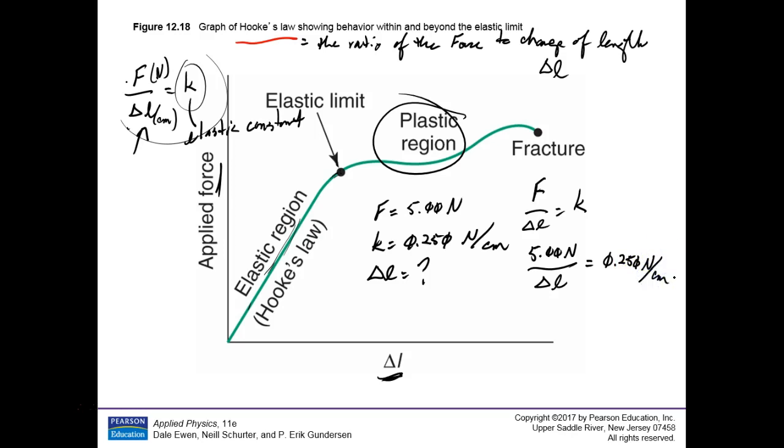Okay? So what you've got to do now, since you've chosen to plug first and chug later, let's chug now. You need to find delta L. Guess what? Being in the denominator is not the place to find it. You need to get it to the numerator. How do we do that?